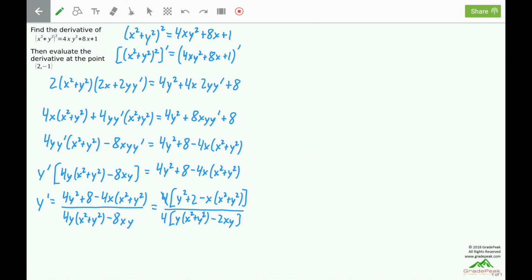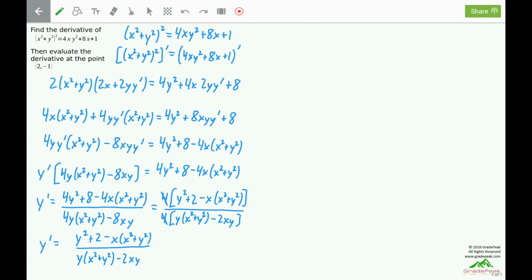And the 4's can cancel, and that reduces the derivative to smaller numbers. So we have left y squared plus 2 minus x times (x squared plus y squared), and all of that divided by y times (x squared plus y squared) minus 2xy.